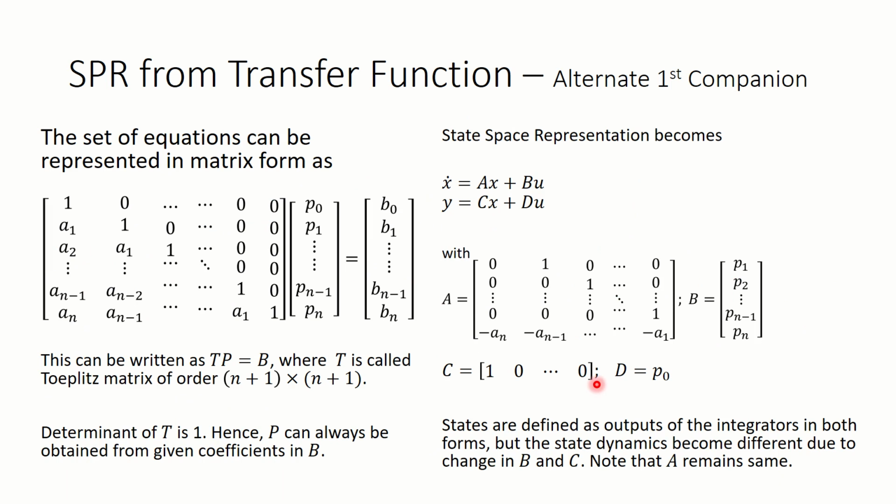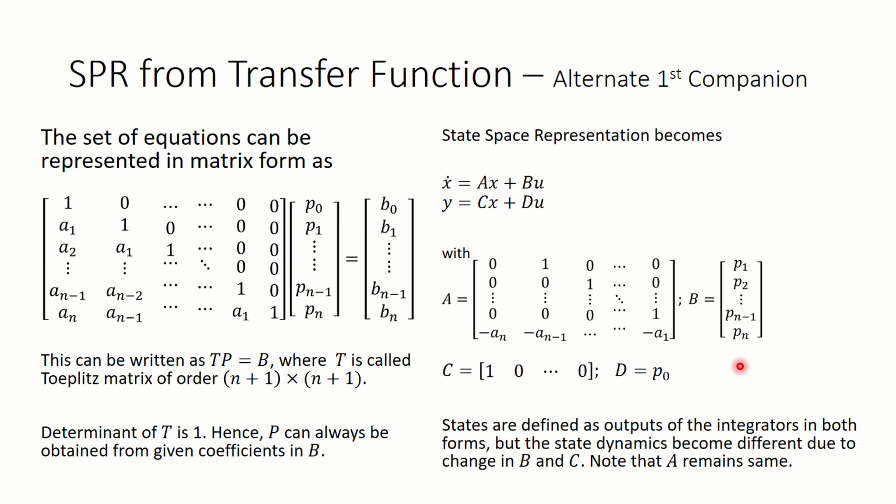So in the first companion form, B was 0 0 0 0 1 and C was having all those coefficients. In the alternate first companion, C is 1 0 0 0 and B is having all the coefficients. So we shift the burden of the coefficients, if I may say, though it is not a burden as such, to the B matrix instead of the C matrix.